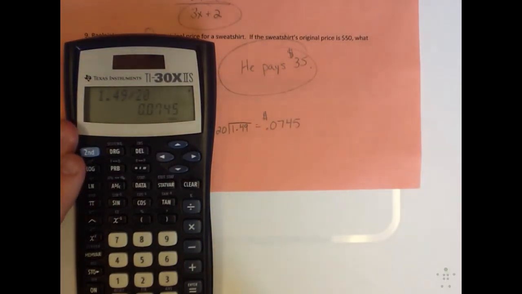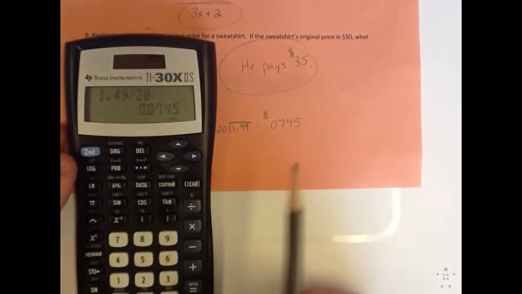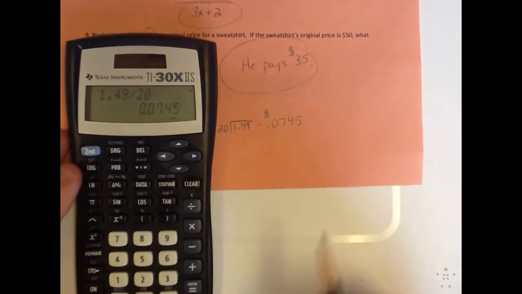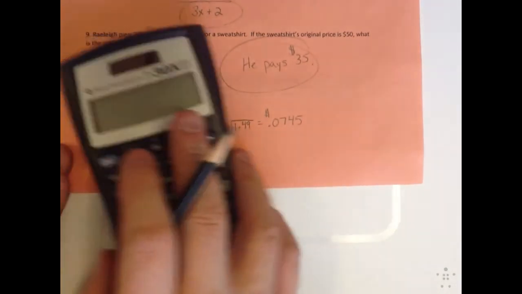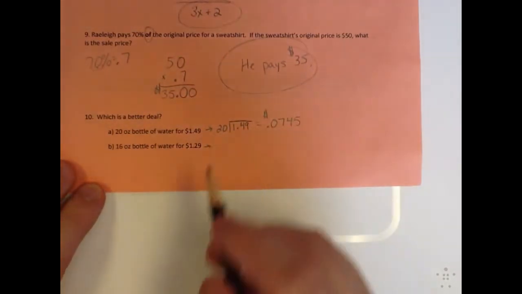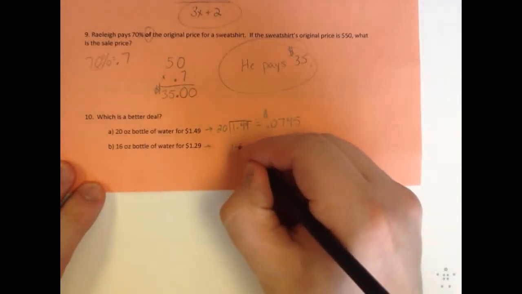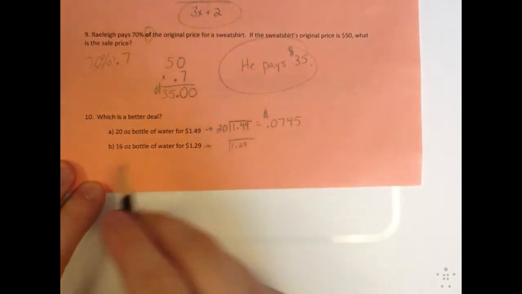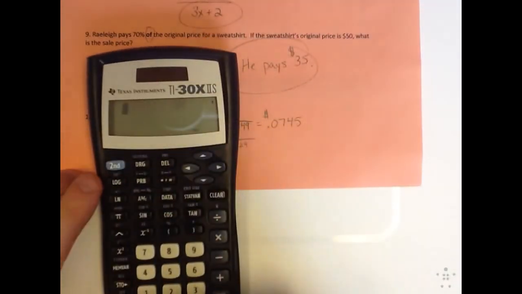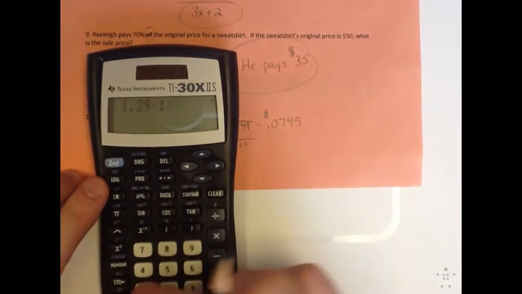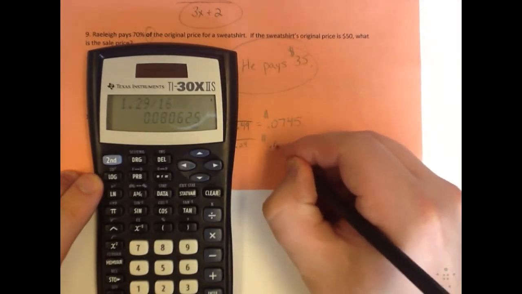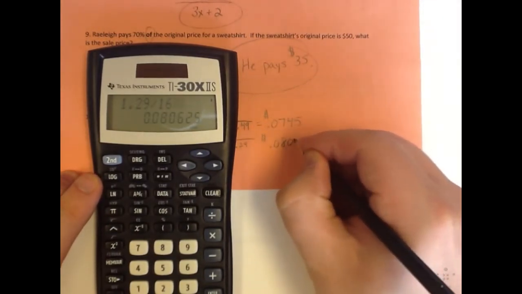And we'll leave it as is for now because we'll have to see what we're comparing to, but eventually we could round to 2 places. That's how many places money is. So the second one we need to do the same thing. Take our price, $1.29, divide that by our ounces, 16. Grab the calculator, 129 divided by 16. That is 0.080625.